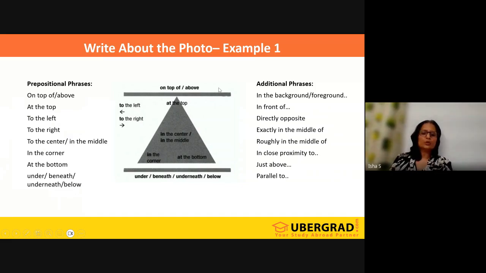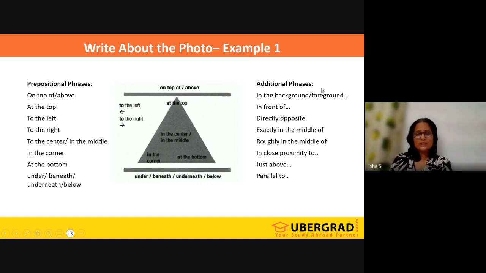Here is a picture where you can use this direction. Left and right we know, but most students get confused by under, below, beneath, etc. At the top, in the center, in the middle, in the corner, at the bottom, under, beneath, underneath, or below.